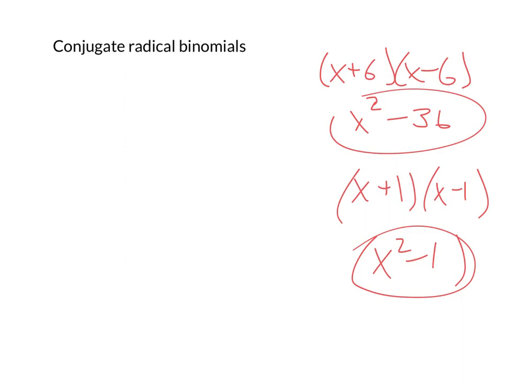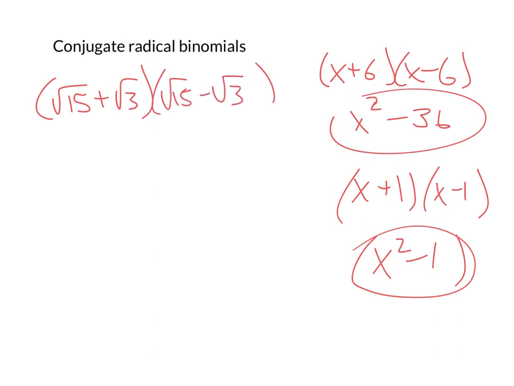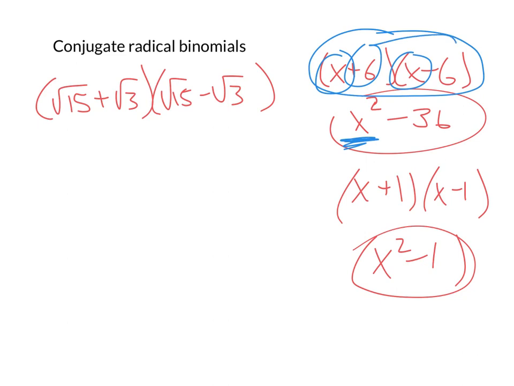So if we have conjugate radical binomials, obviously these are going to be conjugate binomials with radicals in them. So for example, we might have root 15 plus root 3, and then the conjugate would be root 15 minus root 3. And if you follow the same idea as these, we were multiplying these first two terms to get here, and our last two terms to get there.